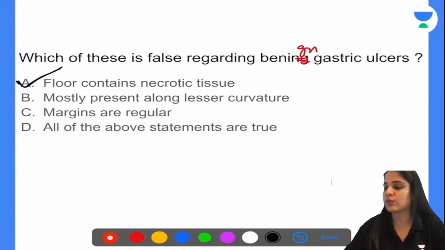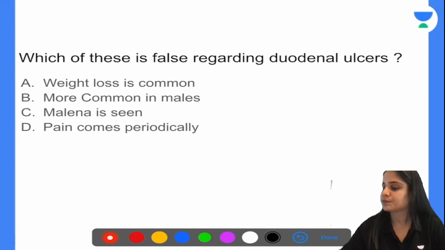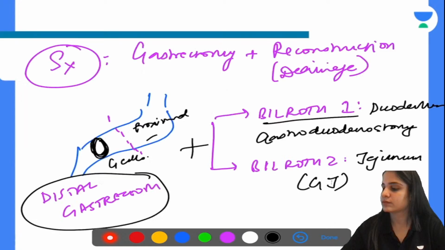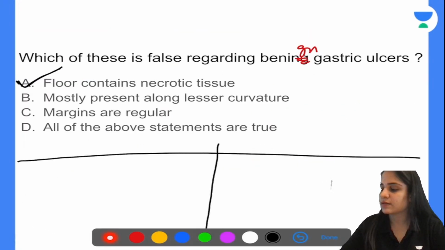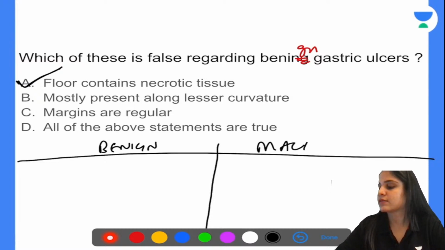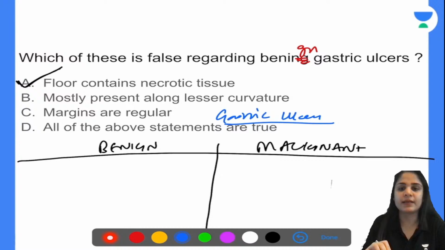All right, so let's see what are the differences between benign gastric ulcer and malignant gastric ulcer. I'll write the topic. You tell me how it will be.